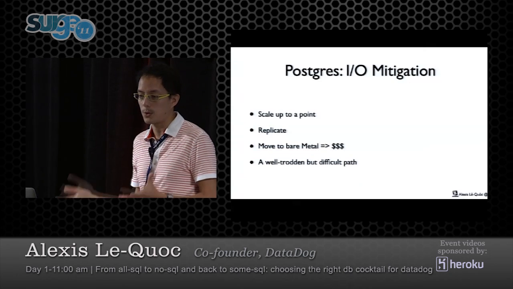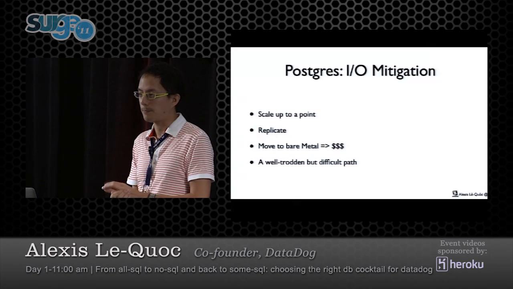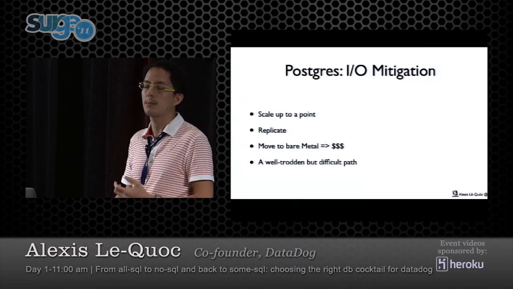But at some point, you have to do replication. One thing that we're looking at, though, is maybe moving some parts to bare metal just to get better I/O bang for our bucks. So in all, it's a well-trodden but difficult path. It's been done before, but it's never become super easy.